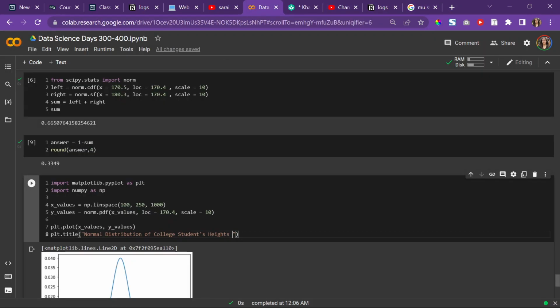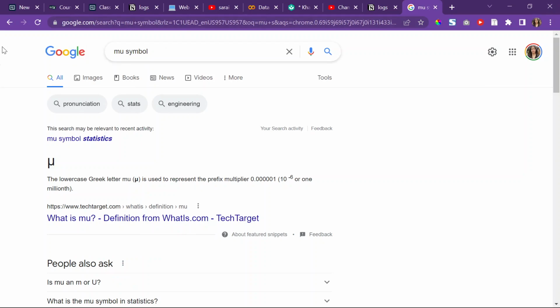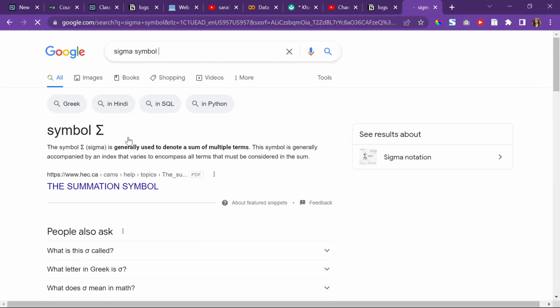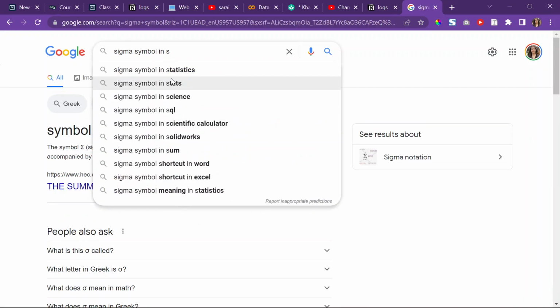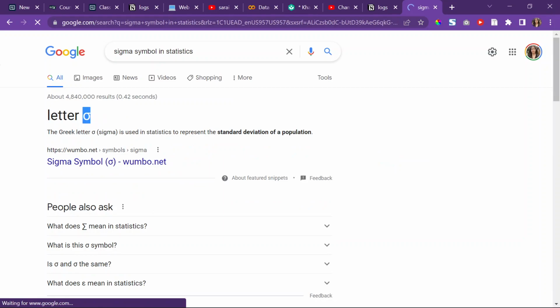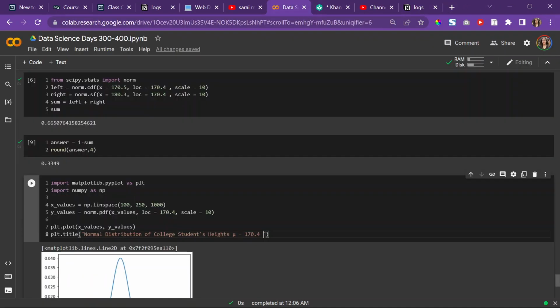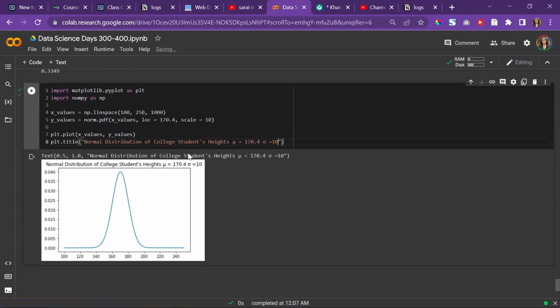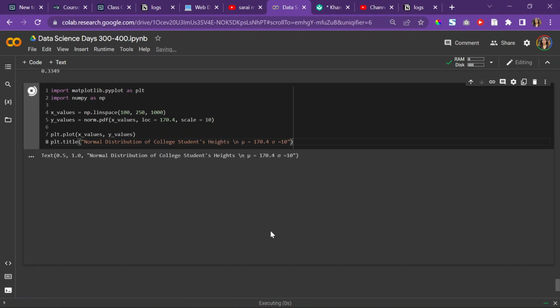Mu equals 170.4. And then let me grab the sigma symbol in stats. All right, let me go back. Sigma was 10. Now if I run that, I'm going to be able to see that. I might as well put a break in there by doing a \n.